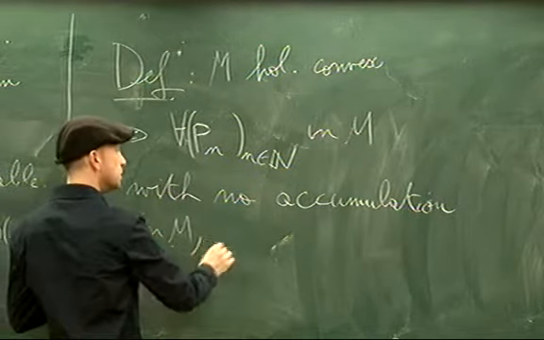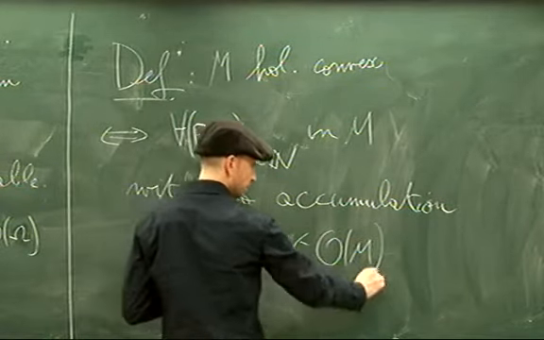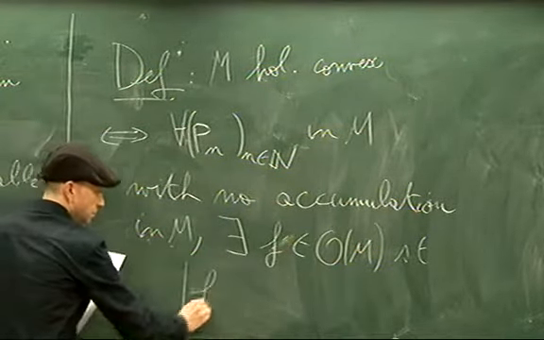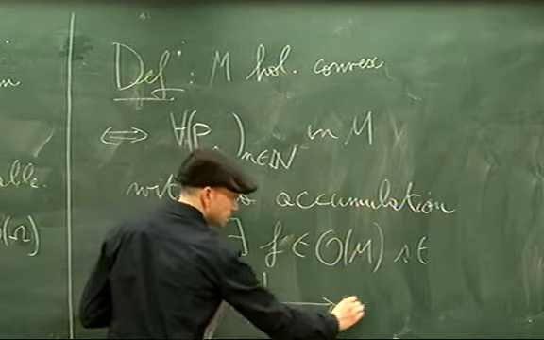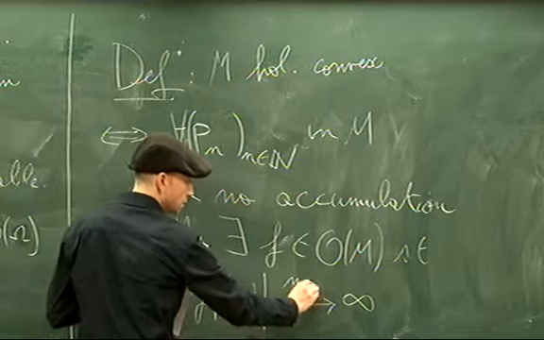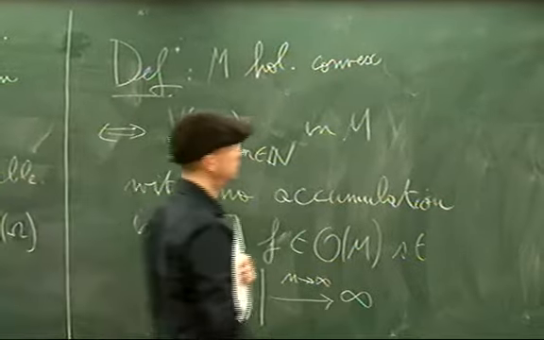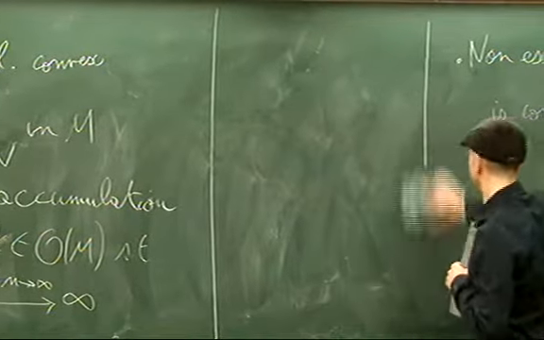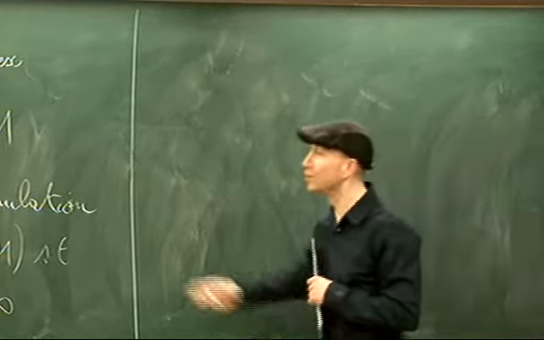For every such sequence, there exists a global holomorphic function such that the function explodes on this sequence. So I would say like this: it tends to infinity when n tends to infinity. So that's one definition of holomorphically convex. And this is related to the previous talk because this is equivalent to pseudo-convex.